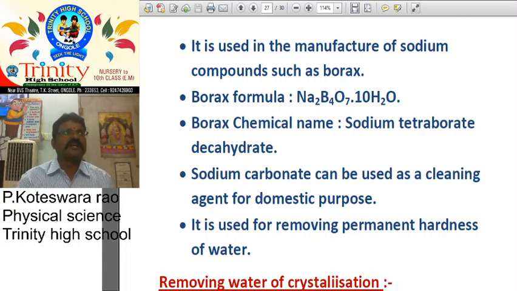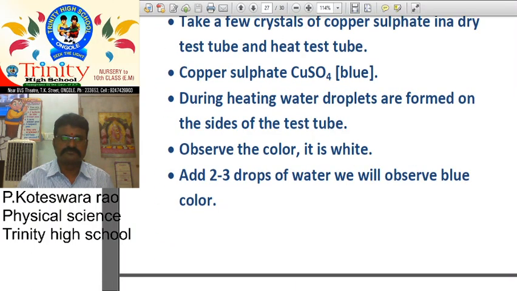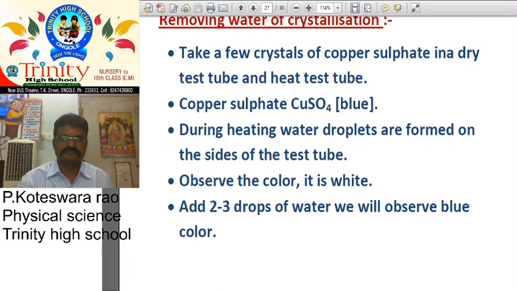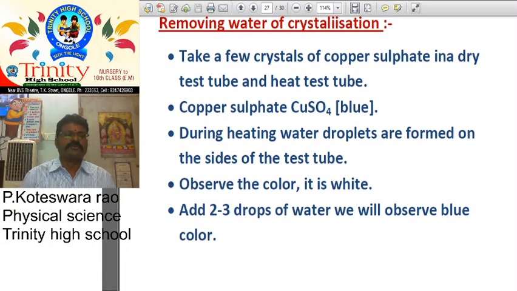Removing water of crystallization. How do we remove that water of crystallization?